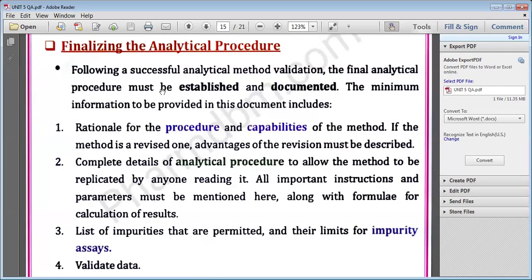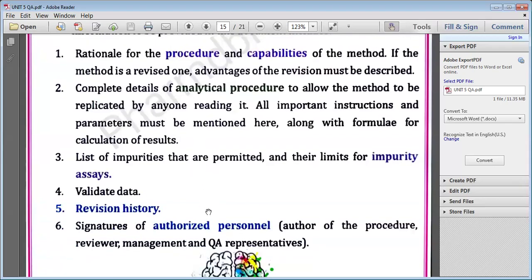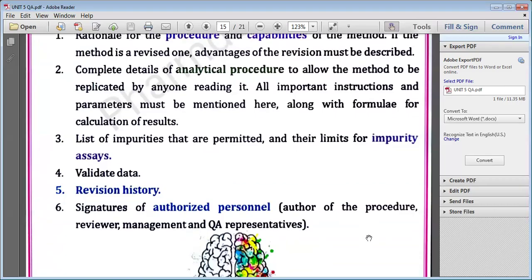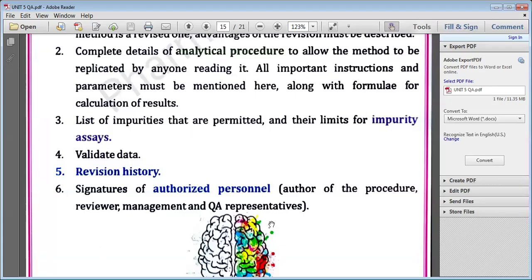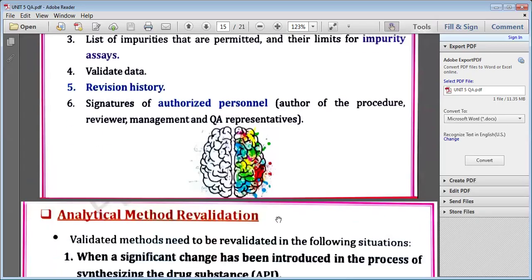All important instructions and parameters must be maintained here along with the formula for the calculation of the results, list of impurities that are permitted and their limits for impurity assays, validation data, revision history, and authorized signatures of the persons from the various departments, QA representatives, and reviewers.